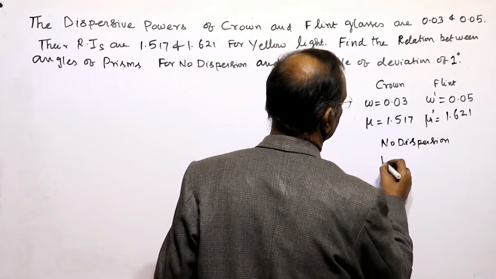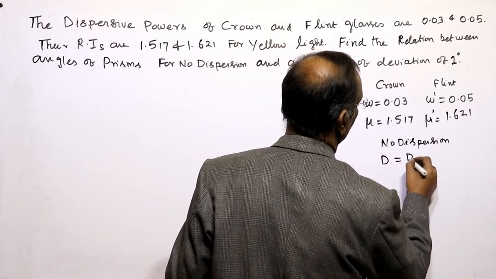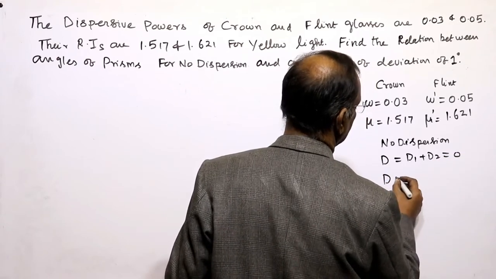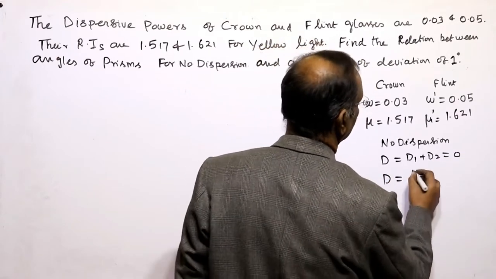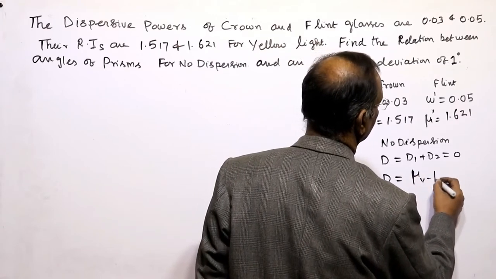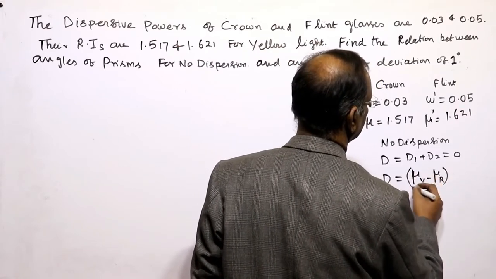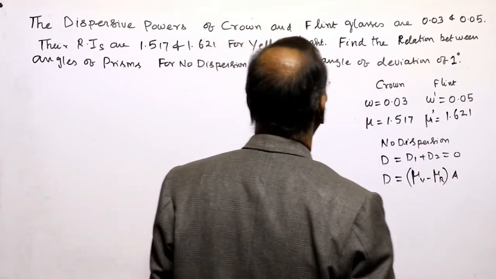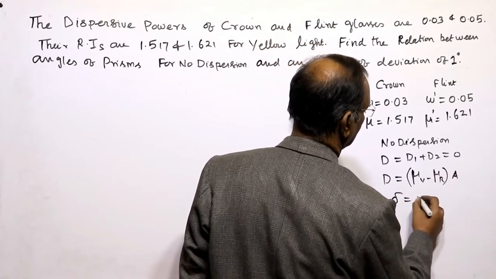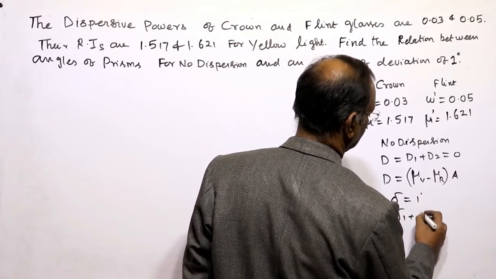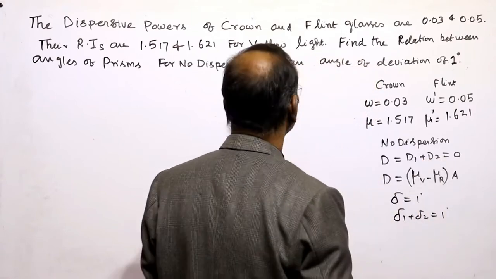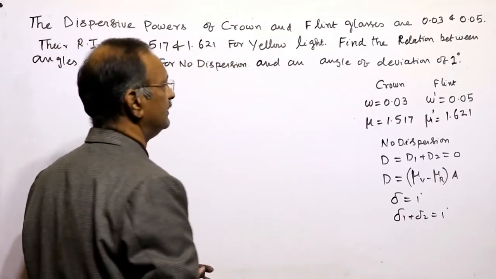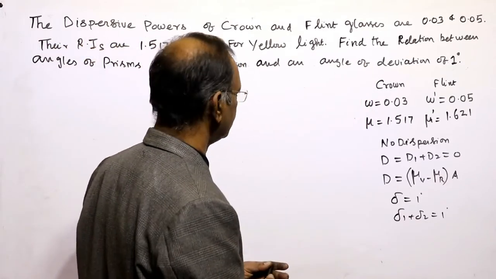No dispersion means D is equal to D1 plus D2 is equal to 0, where D in general expression is equal to the difference of refractive index of the extreme colors into angle of prism, right? And angle of deviation is equal to 1 degree, that is rho 1 plus rho 2 is equal to 1 degree. So this is the case of no dispersion with angle of deviation. It means deviation without dispersion.